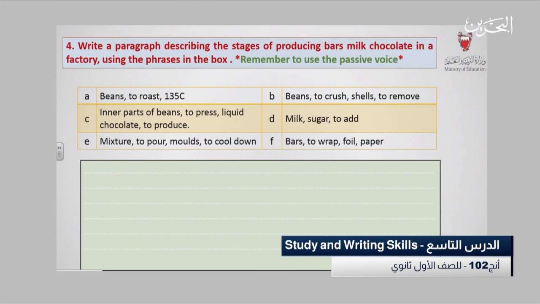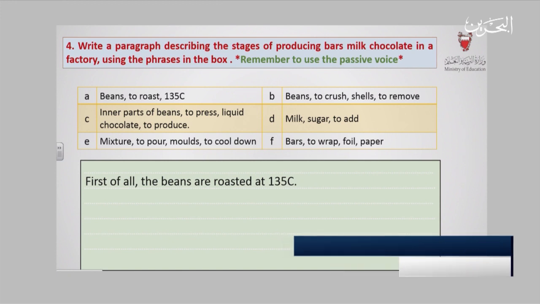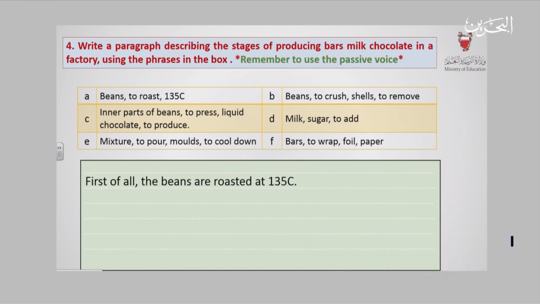I'll give you the first one as an example. First of all, the beans are roasted at 135 degrees Celsius. I'm expecting you to continue the next ones. So tell me what the process is. Again, I'll give you 3 minutes.